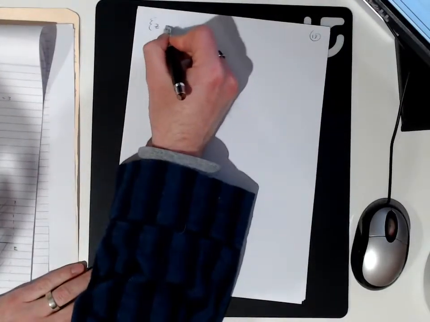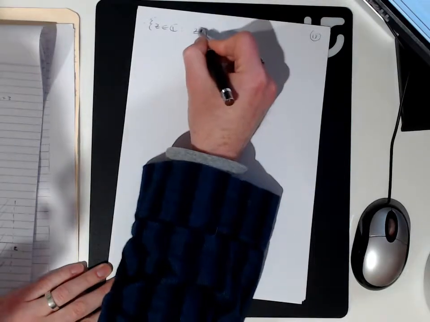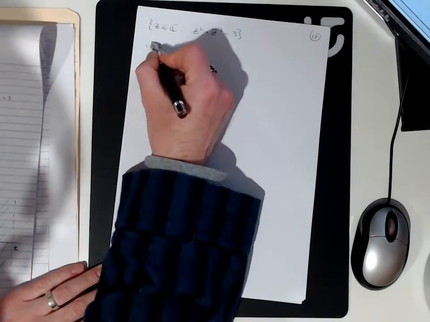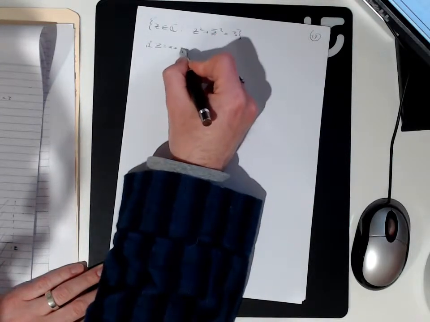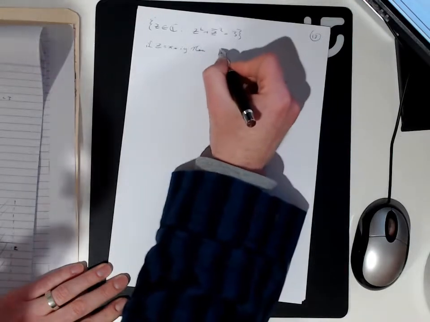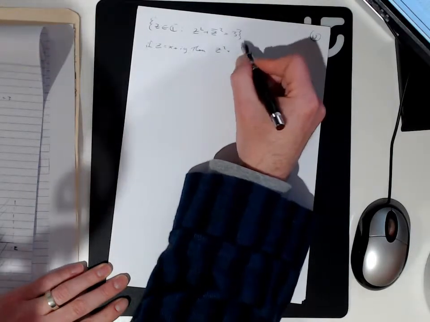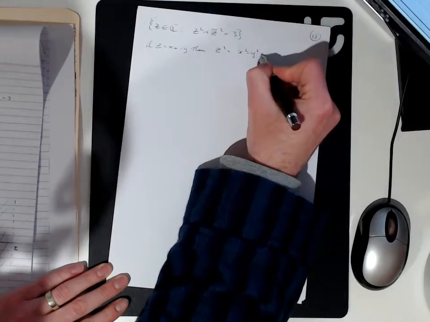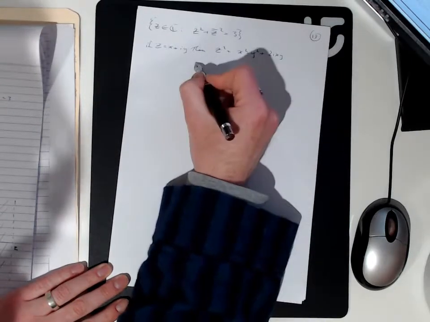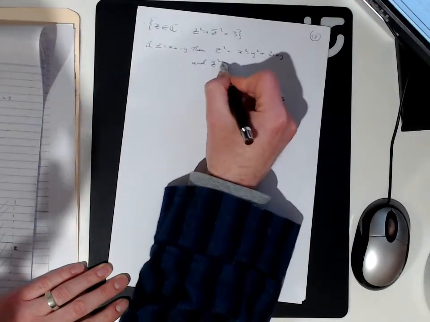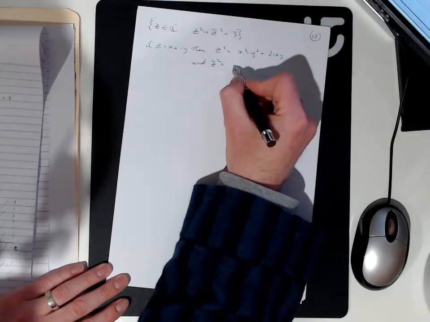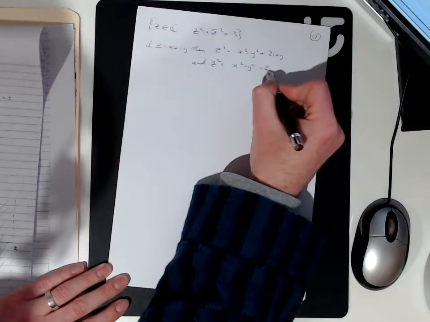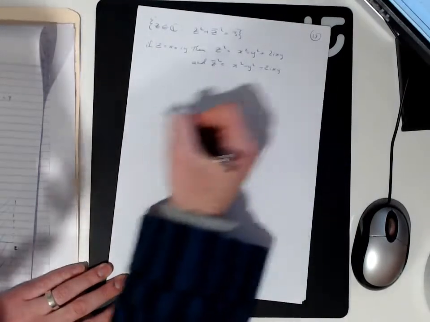Another example. Complex numbers. z squared plus z bar squared equals 3. So if z is x plus iy, then z squared is equal to, well, we wrote this down earlier, x squared minus y squared plus 2ixy, and z bar squared is x squared minus y squared minus 2ixy, and you can do the math, prove it.